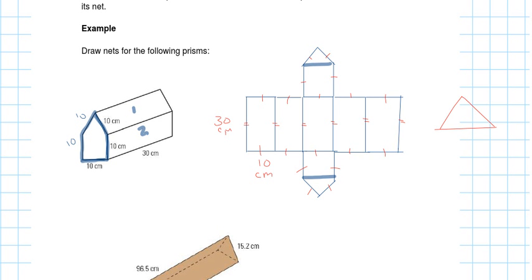So I need to find the height. Right? So I don't know what this is, but I know this is 10, I know this is 10, and I know this is 10. So what do we do to find that height? Divide the base by 2, and that only happens when you have an equilateral triangle. You know what an equilateral triangle is, correct?